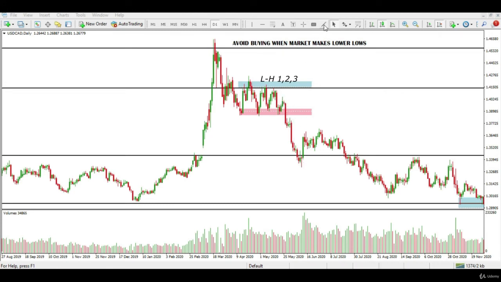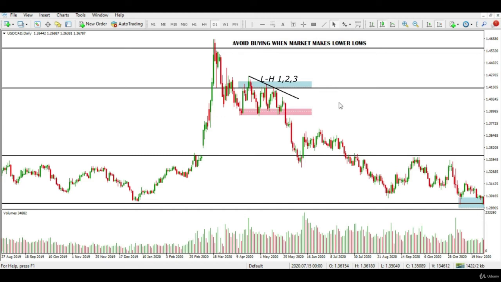Once again, I will use a trend line to draw diagonal resistance on this pair. And once the price breakout was recorded during this strong bearish candle, a sharp downtrend continued on this forex pair. So this is all you need to know when market makes lower highs within a consolidation phase.